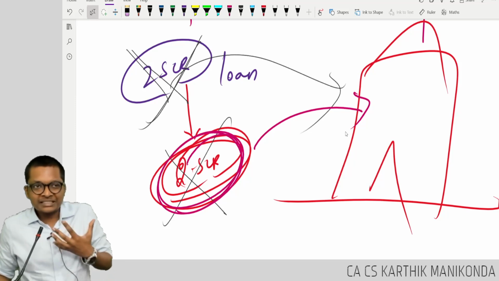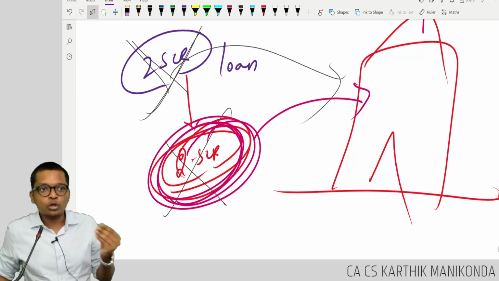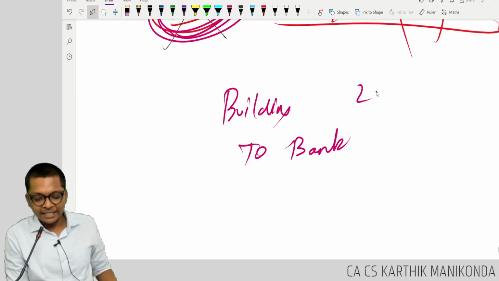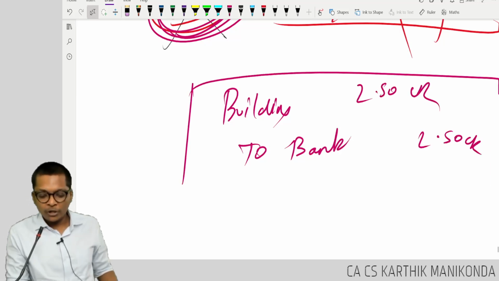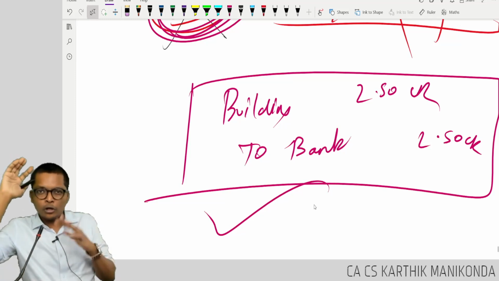But now are you slightly convinced that interest can be added to the cost of building, and I can pass the entry: building to bank for payment of interest, in our example about 2.5 crores? How many of you are convinced with this? Hello? Almost, some of you are almost convinced.